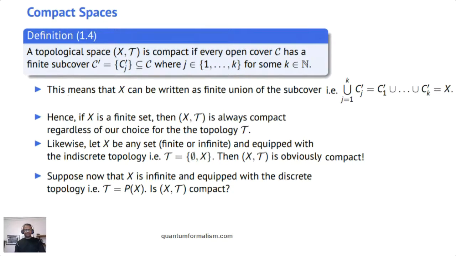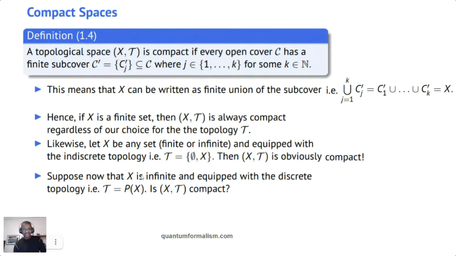Likewise, if X is any set, whether finite or infinite, and equipped with the indiscrete topology, meaning that the topology is made of the empty set and X itself, then this is obviously compact also, right? You can see this.